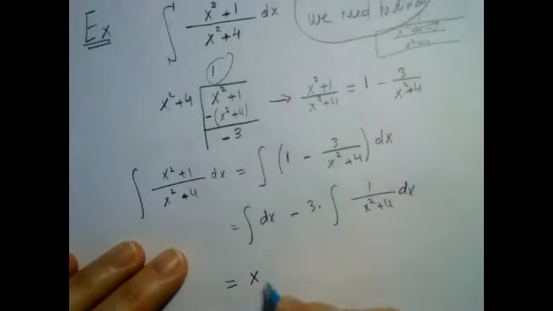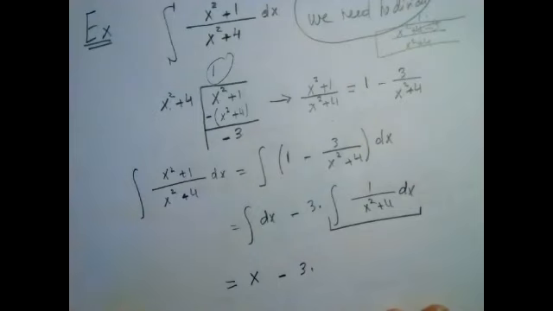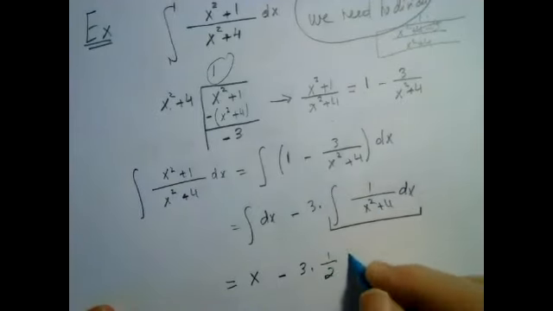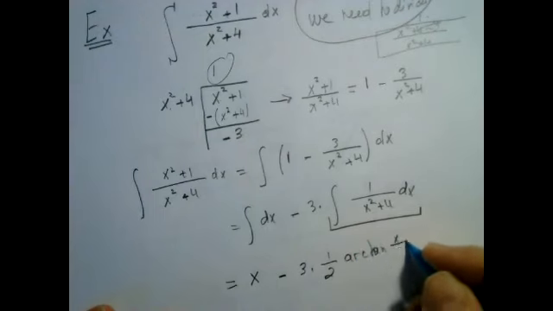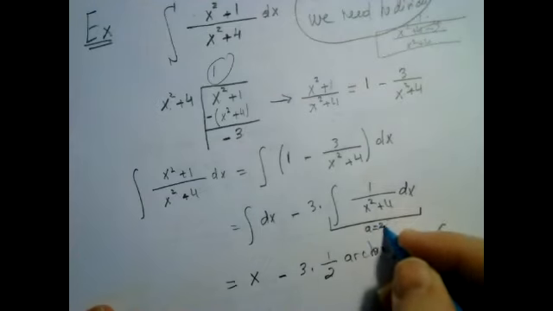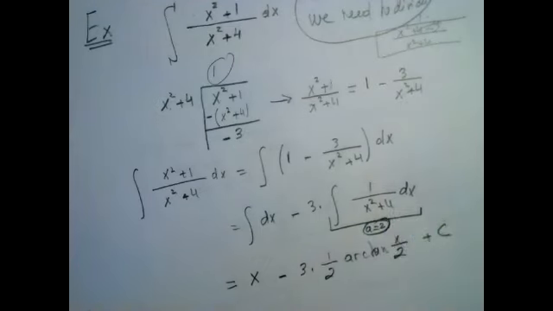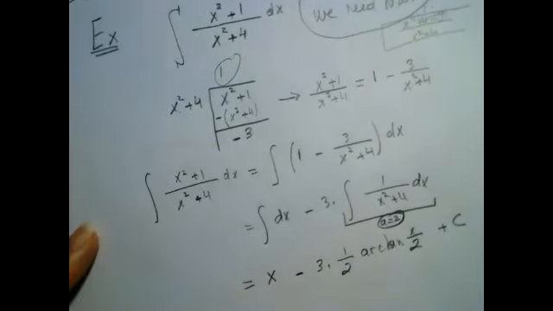The first one is x minus 3 times the arctangent, where my a is 2. So it's 1 over a arctangent x over 2, plus C. My a here is 2 because that's x squared plus a squared. And that's the end of the problem. Okay.